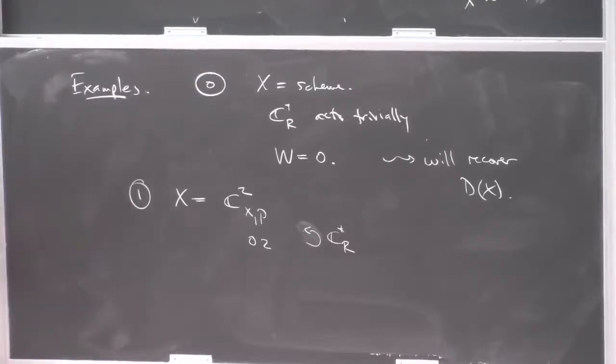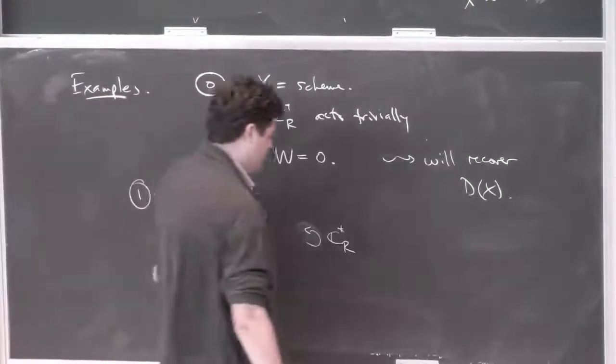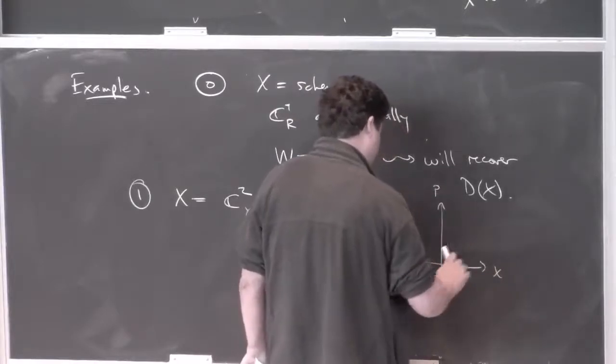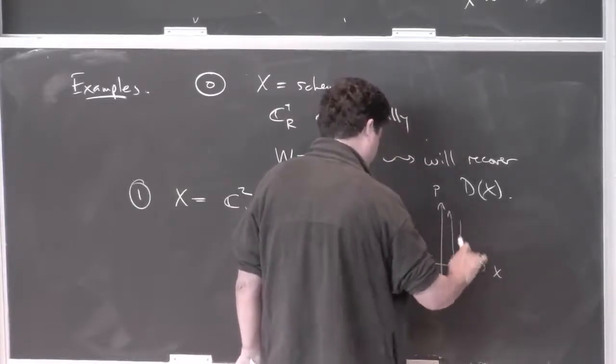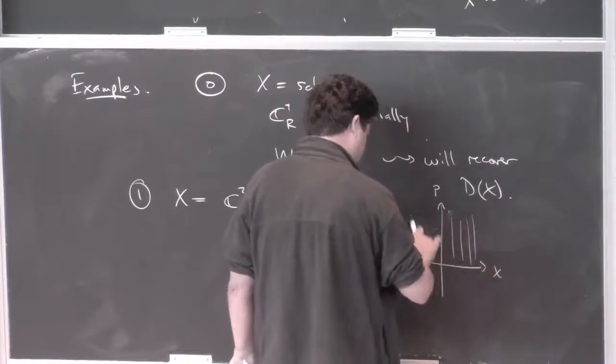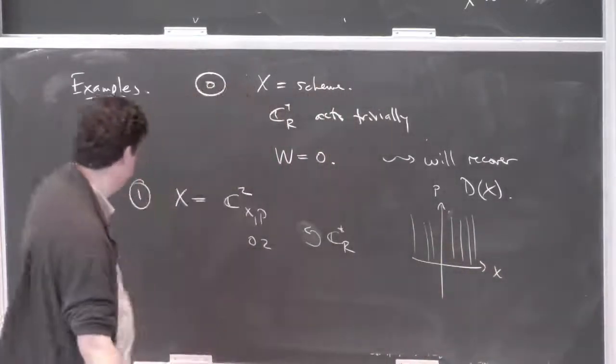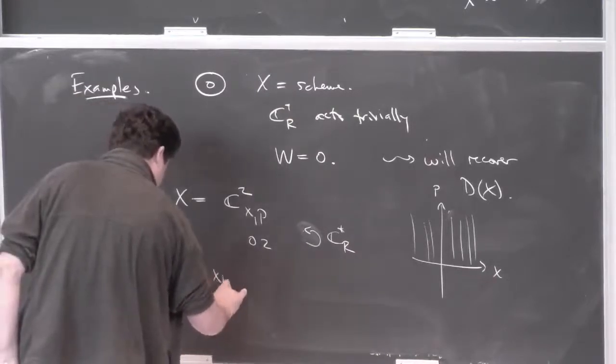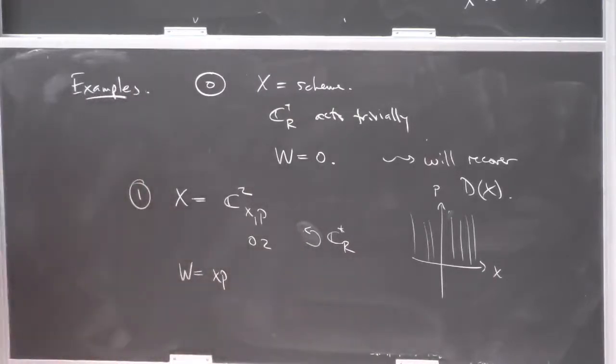Yeah, X and P are the coordinates. So the C star is rescaling these fibers with weight 2. And I'm going to take W to be X times P. Right, so that's a function of weight 2.